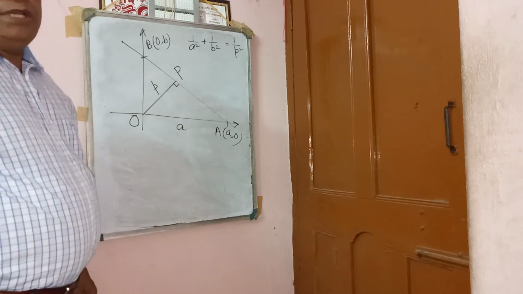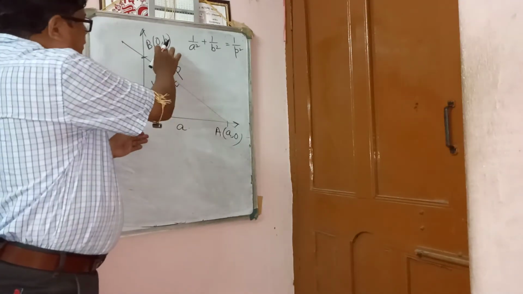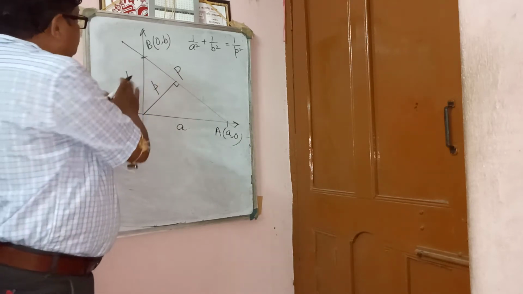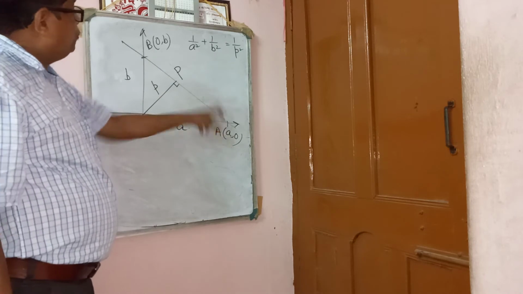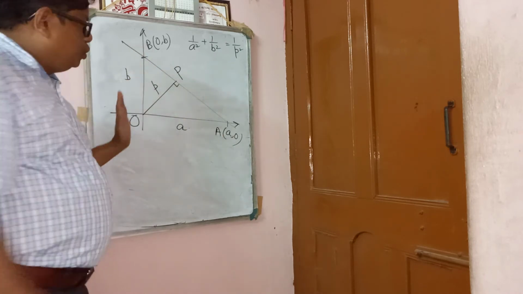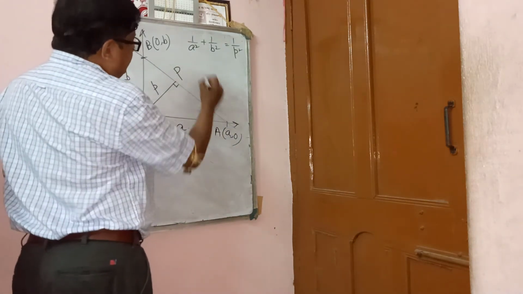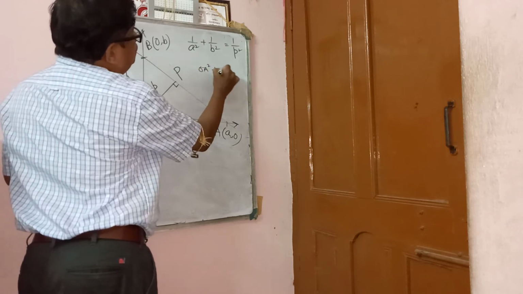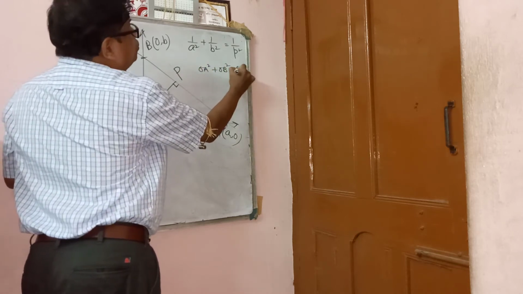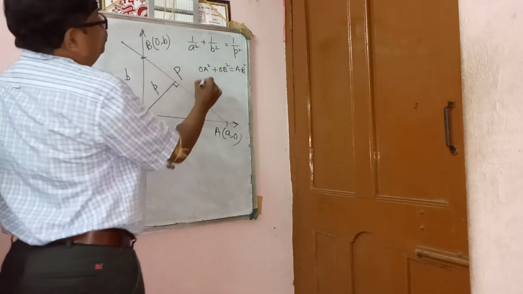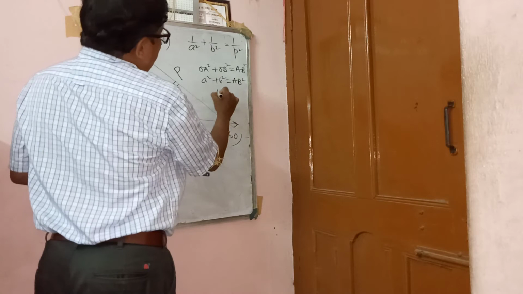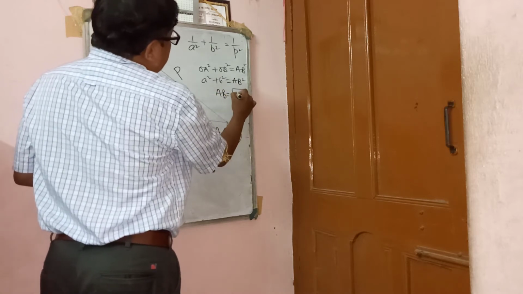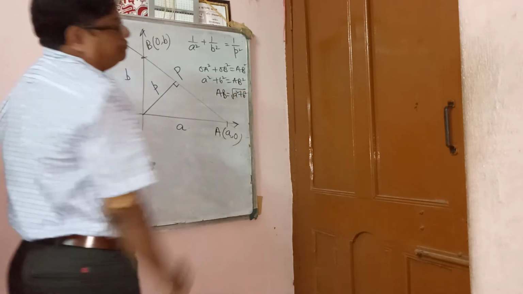See, this is a and this is b, so you can write the length of AB, as all of you know. So OA square plus OB square equal to AB square, that is a square plus b square equal to AB square. So AB is root under a square plus b square.